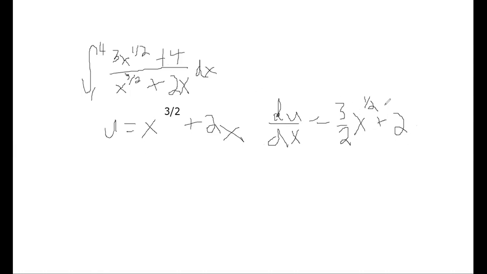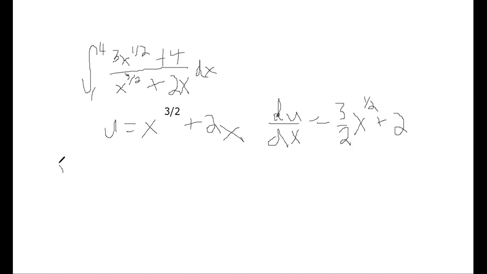And here, 3/2 x to the 1/2 plus 2 is exactly half of what's in the numerator up here. This numerator can be written as 2 times 3/2 x to the 1/2 plus 2.